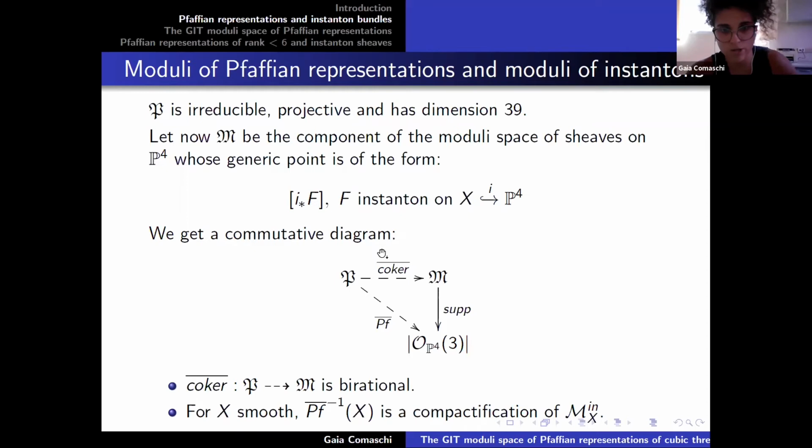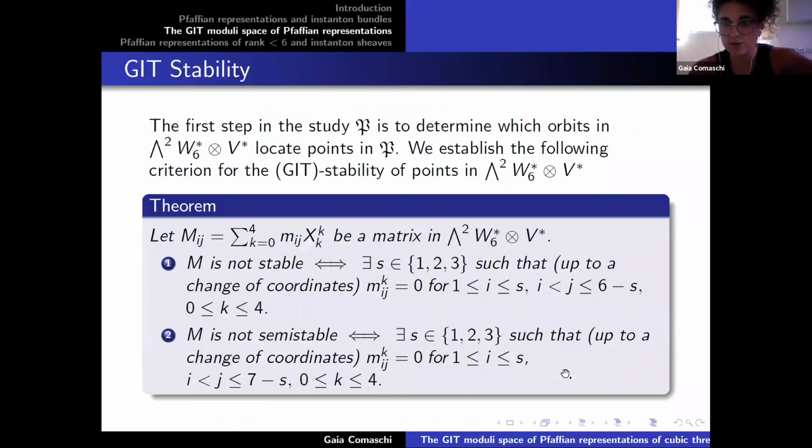So it's a birational map between these two spaces of dimension 39. And whenever we pick a smooth cubic, the fiber of PF bar will be a 5-dimensional compact scheme that will be a compactification of the moduli space of instantons.